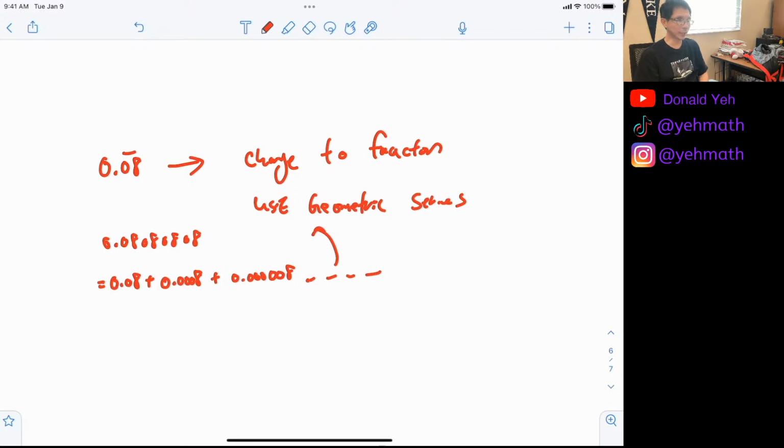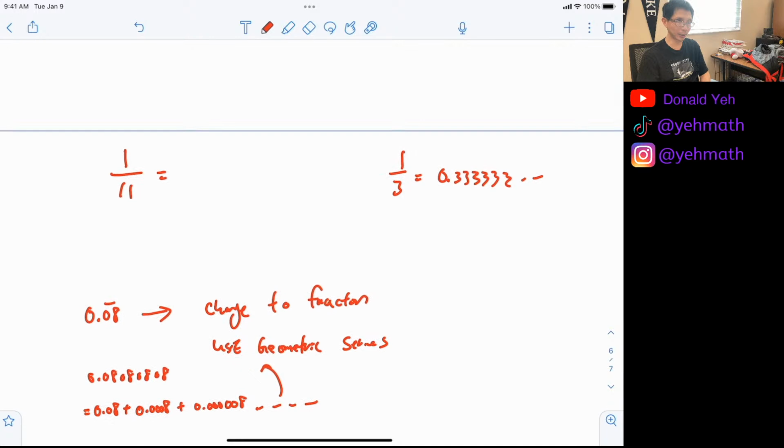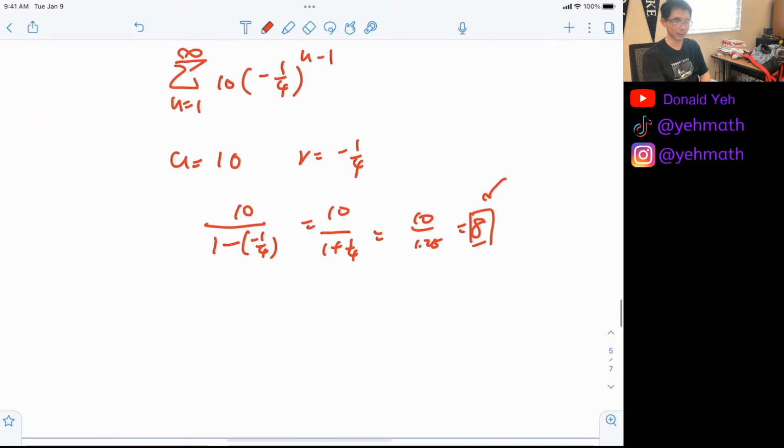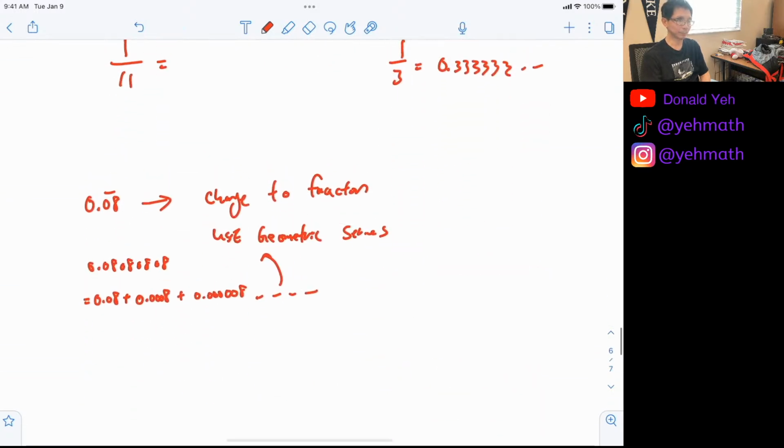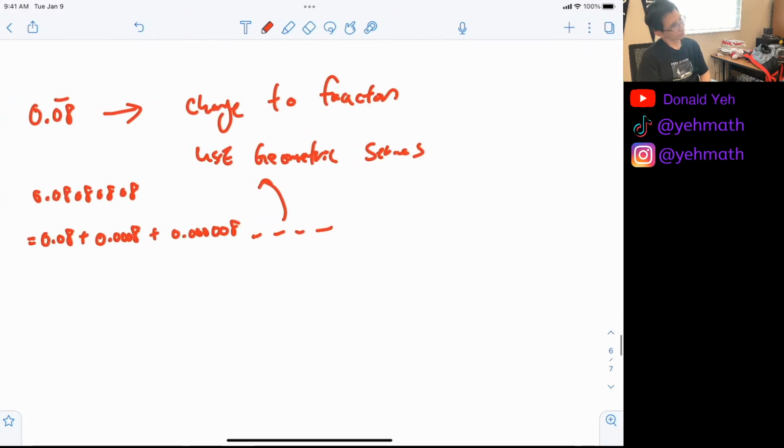So what do you think your geometric series looks like? And if you have the geometric series, can you use that to convert to fractions? Because remember, you're going to convert to a fraction at the end. So I want you to write the summation from n equal to 0 to infinity.